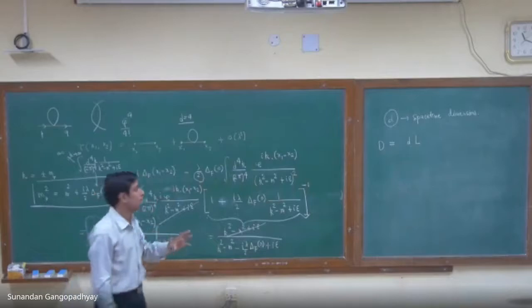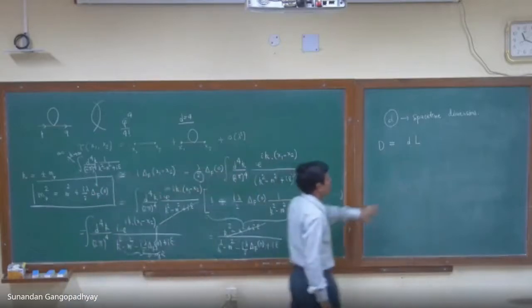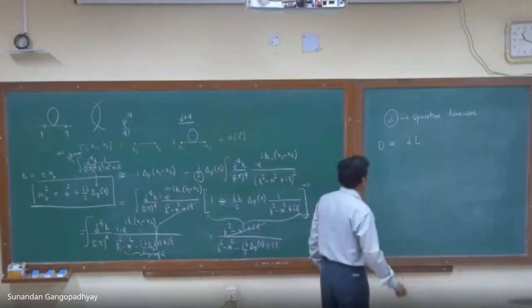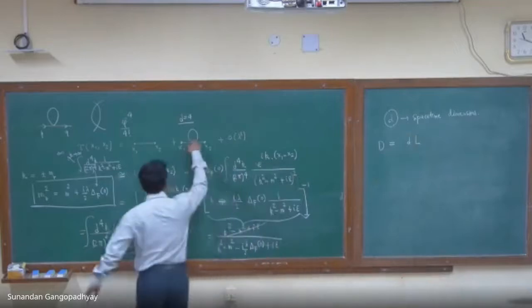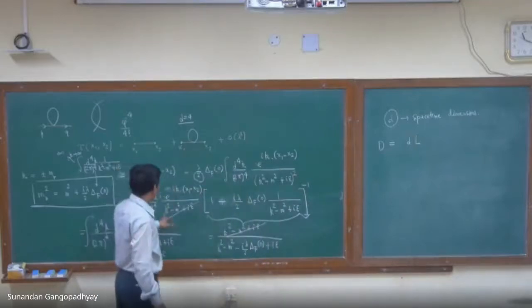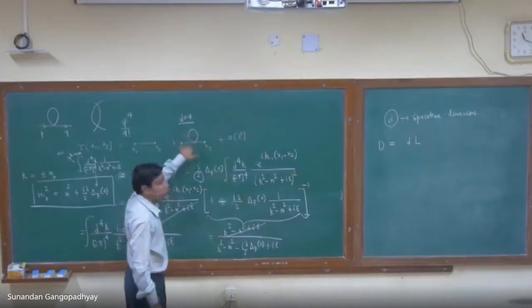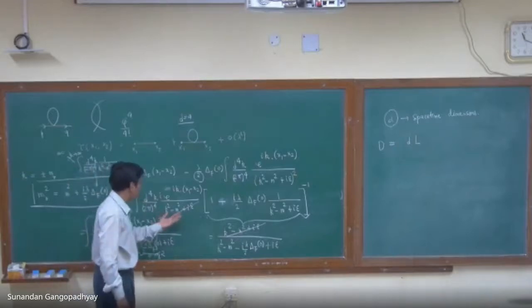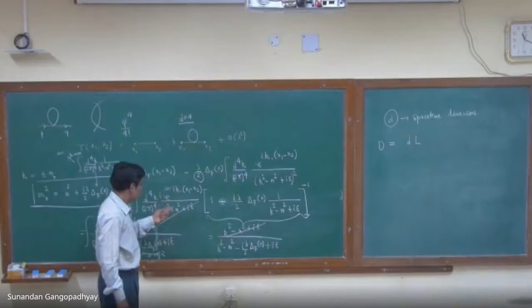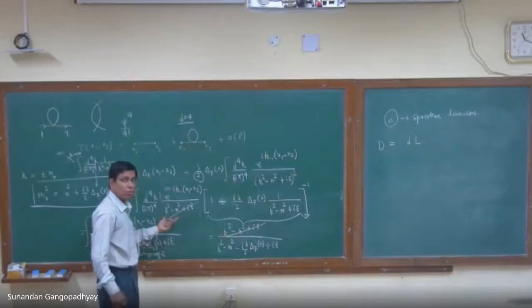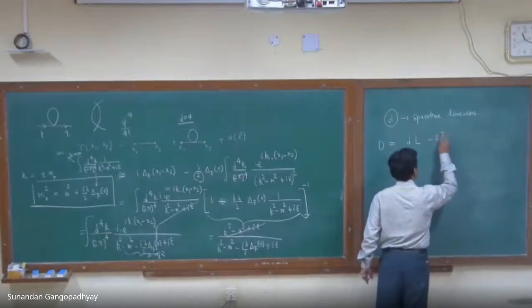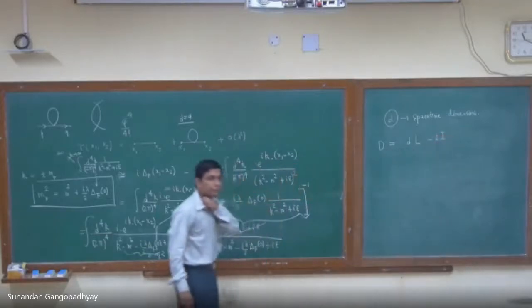The number of loops multiplied by the number of space-time dimensions gives the powers of k in that diagram. But each internal line, every propagator, contributes 2 powers of k in the denominator. Therefore, the degree of divergence is very simple: D = dL - 2I.